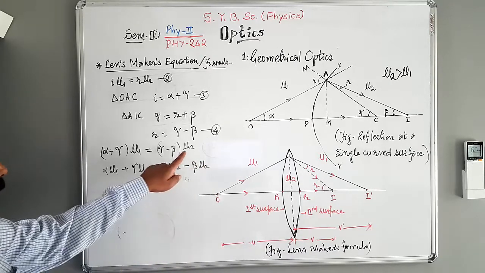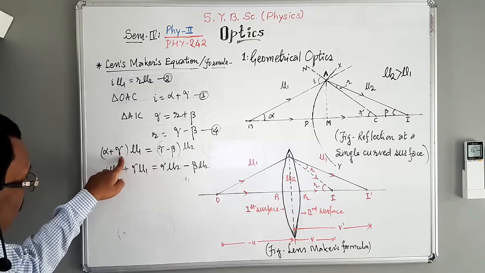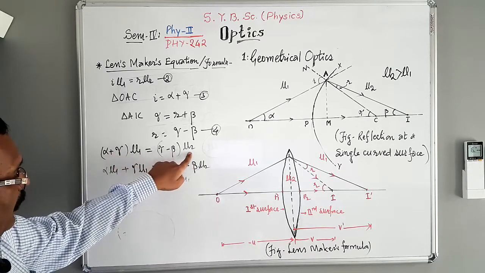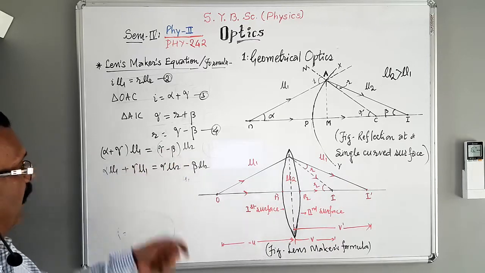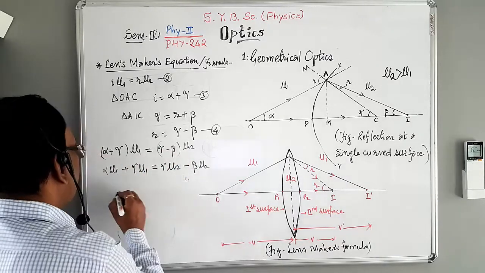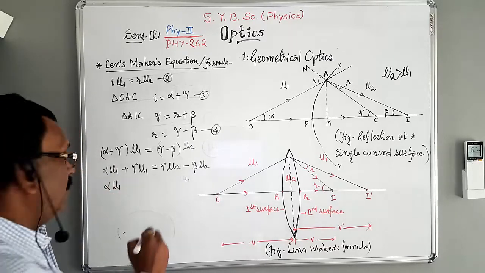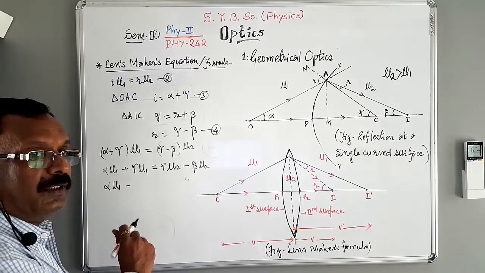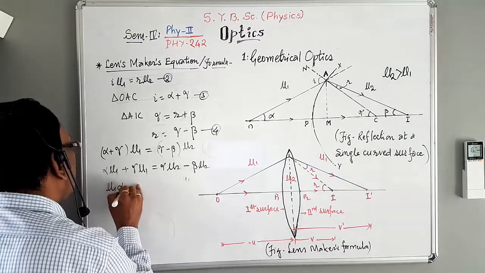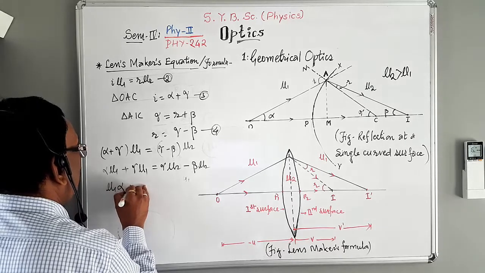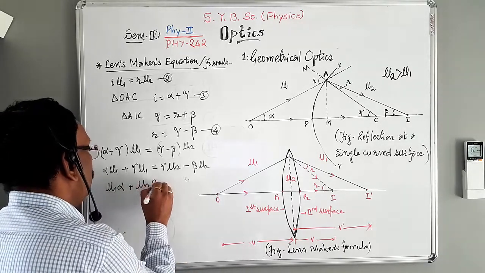We simply multiply mu 1 to both alpha and gamma, and similarly mu 2 to both gamma and beta. From this we can rearrange: mu 1 alpha plus mu 2 beta.